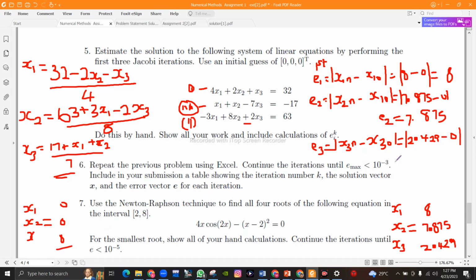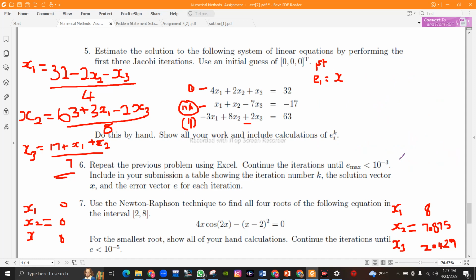And we subtract that, your error 3 after first iteration is 2.429. So we calculated all our errors, then we can go to the next iteration, which is iteration 2. So let's move to the second iteration.